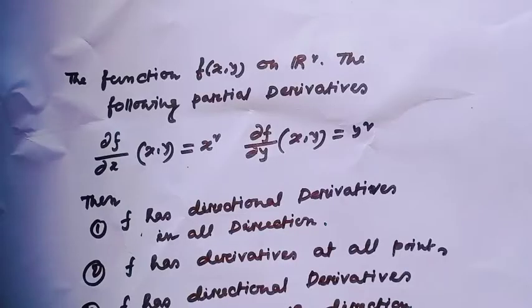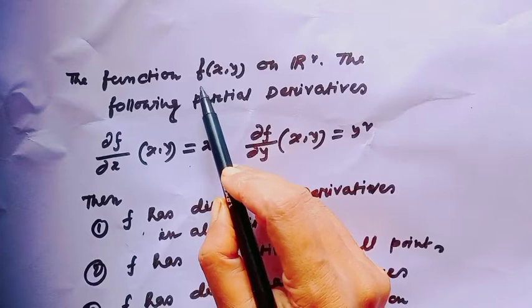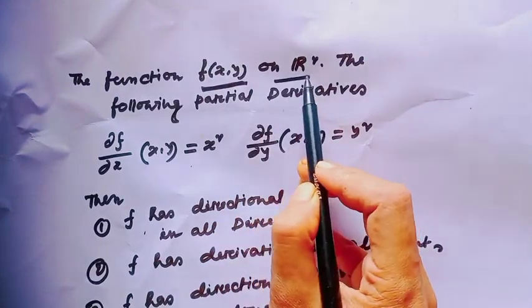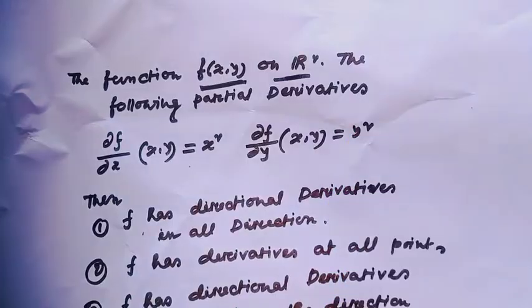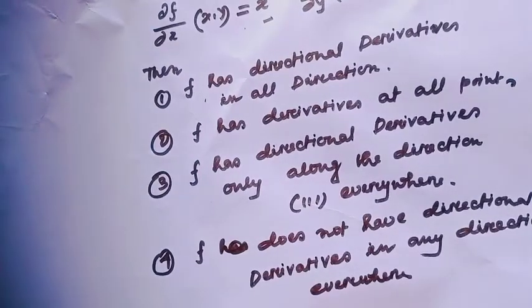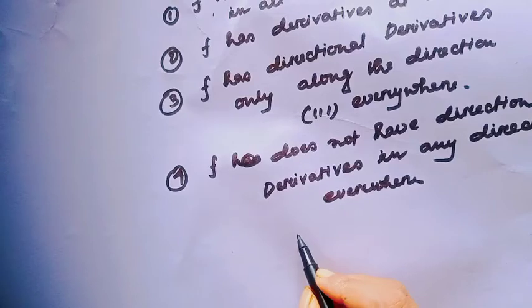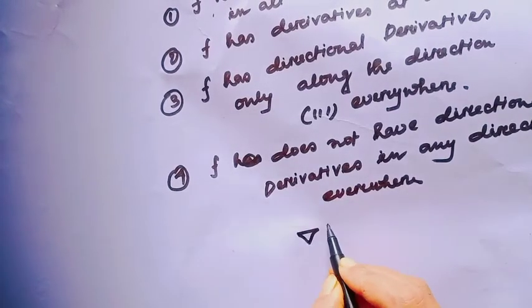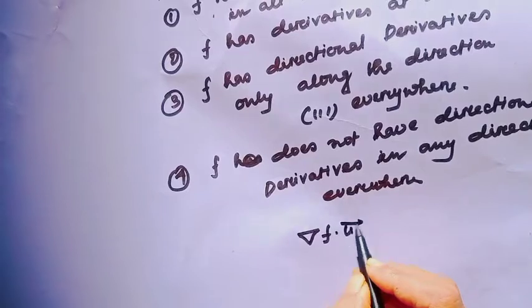Okay, let's see another question which had come in CSIR NET also. Here the function f(x,y) is an arbitrary function on R². Then, told about the directional derivative, that means to find the directional derivative we have to use this formula: gradient of f dot u.